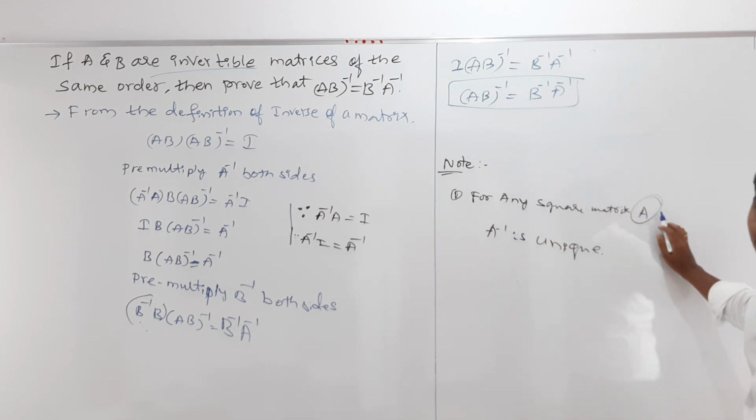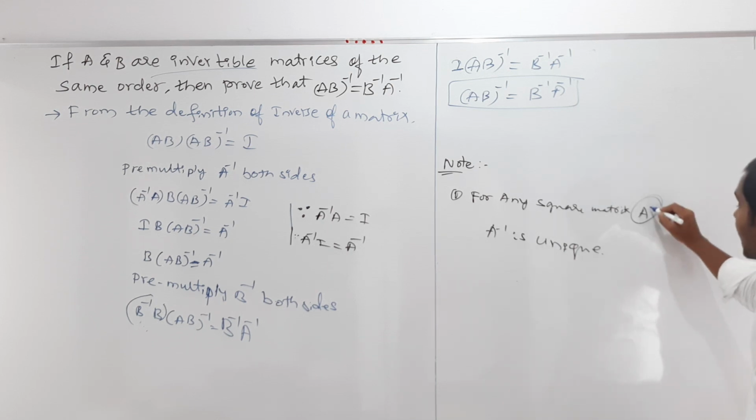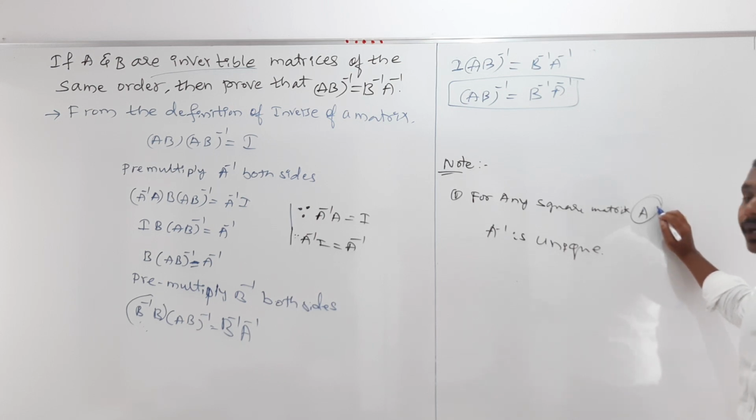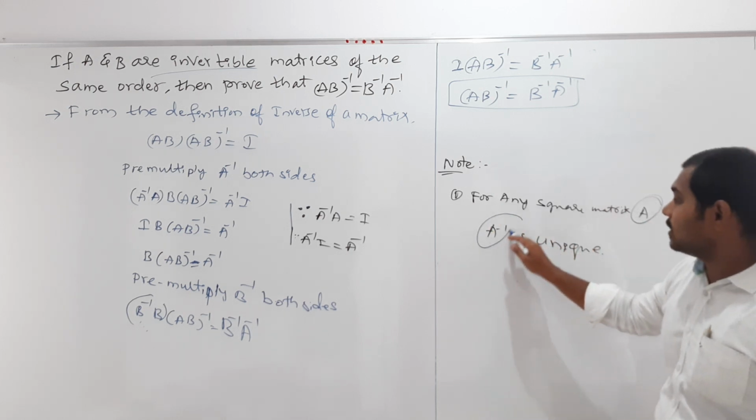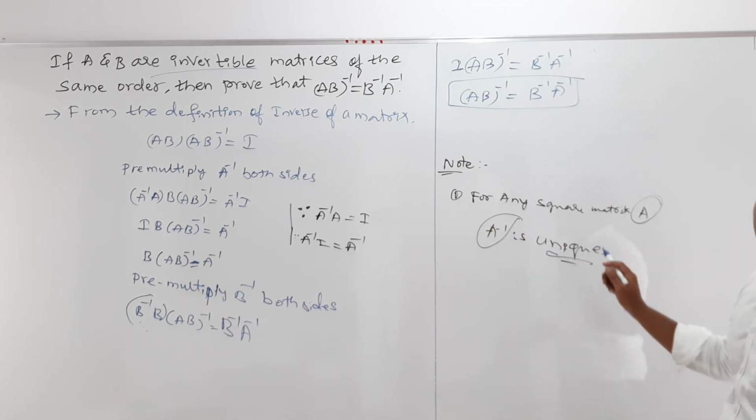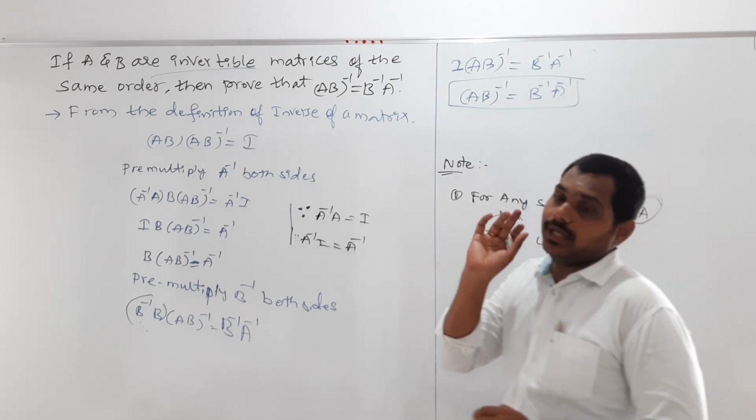The meaning is that for any square matrix A, there exists only one inverse. For any matrix there are no more than one inverse. So for any matrix A, there exists only one inverse. That A inverse is unique, if it exists.